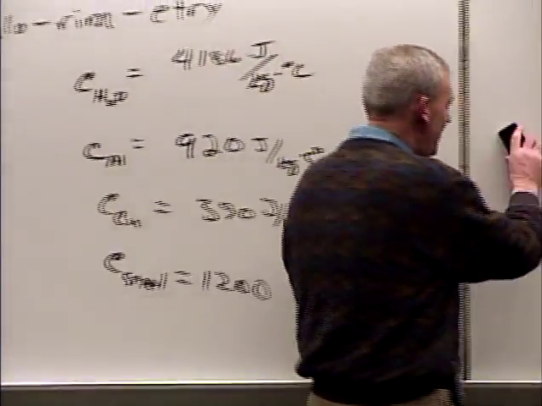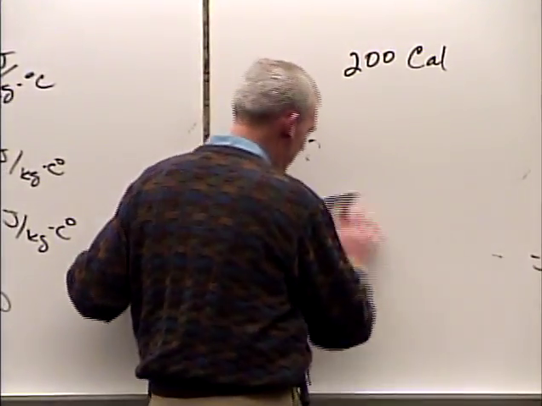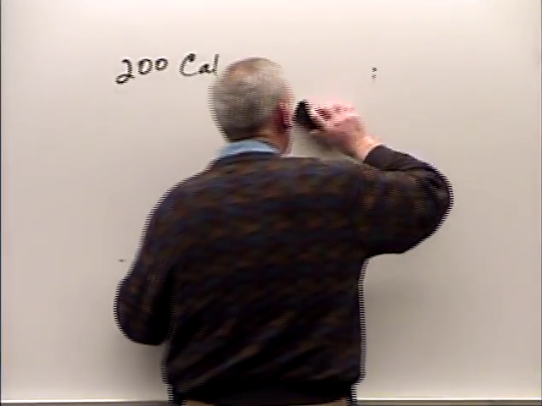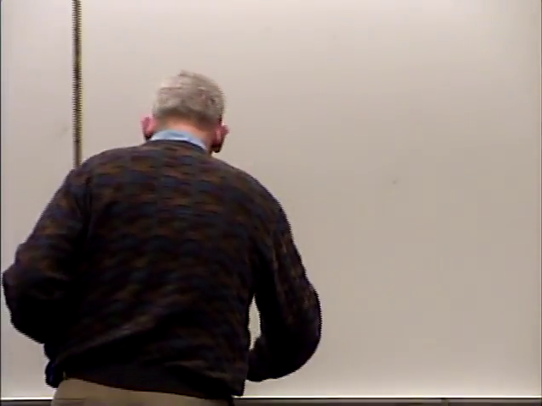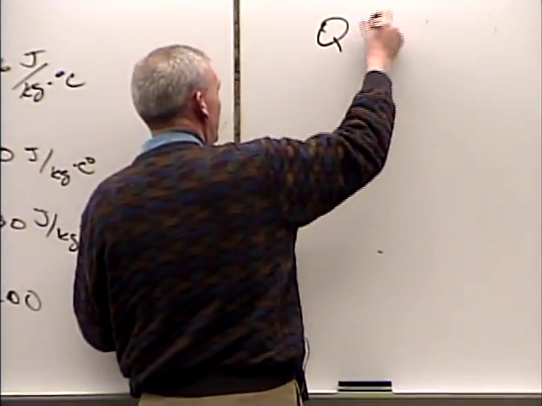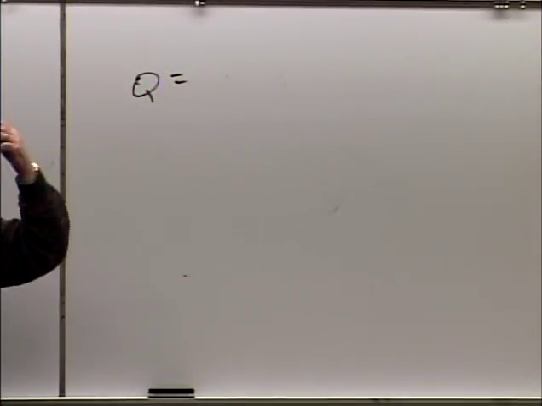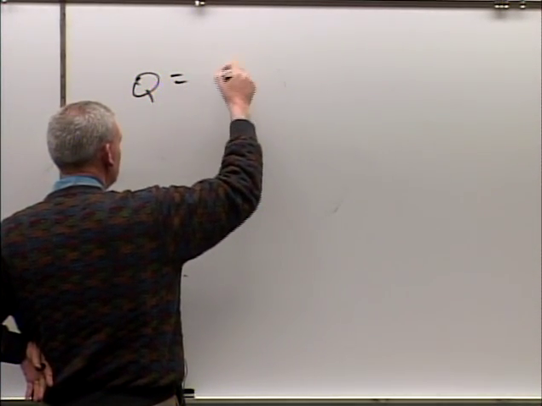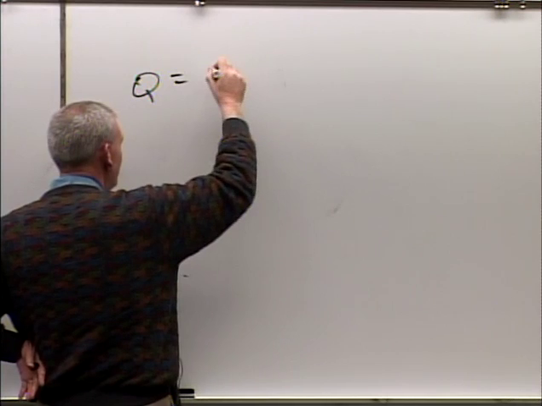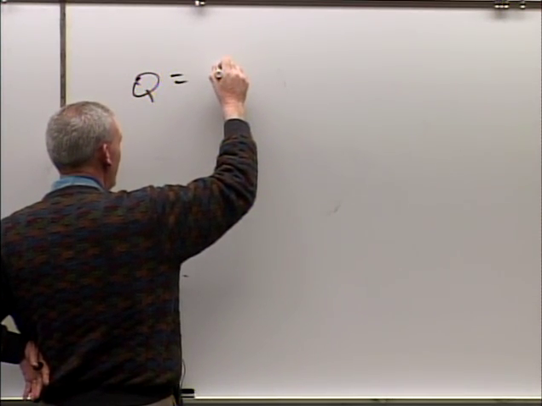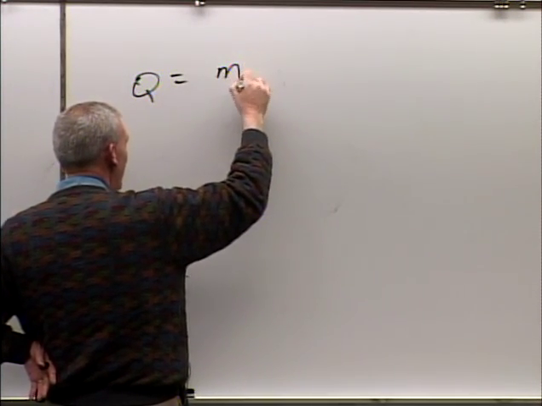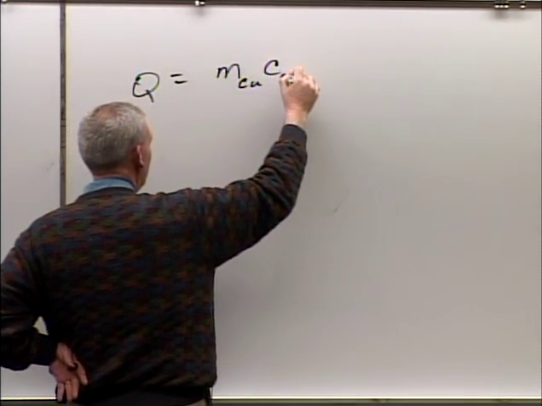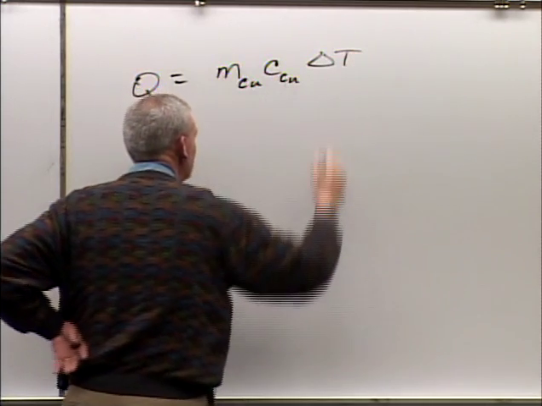So using the specific heat, the amount of heat, we're going to find the specific heat of copper here. Here's our thing. Q, which is our heat, the heat that's going to change its temperature, is going to equal the mass of the copper times the C of the copper times its change in temperature.